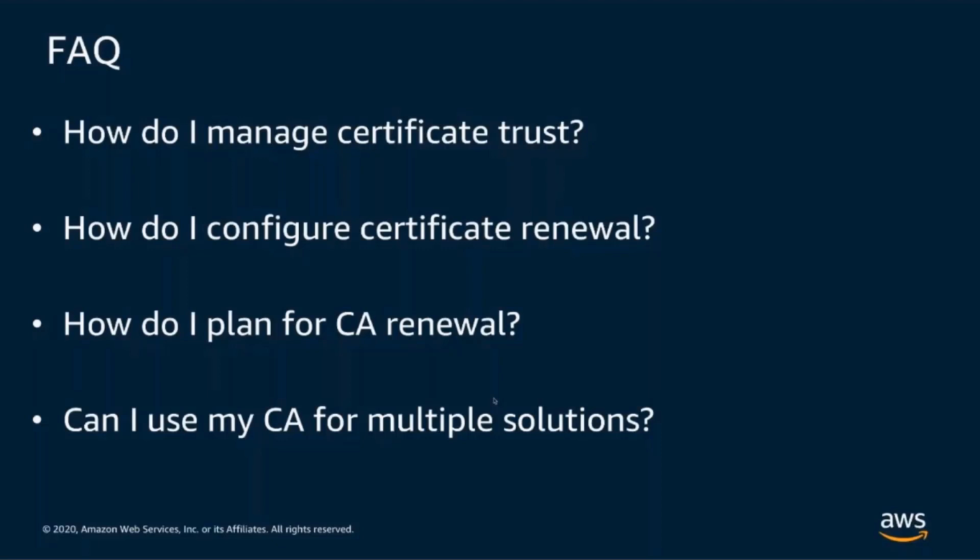Lastly, a number of customers have asked us about whether or not they should stand up a unique CA for every solution, or if it's appropriate to use a CA for multiple solutions. And the answer to that varies, but generally, you can utilize one CA for multiple solutions as long as the ownership of those solutions remains the same.